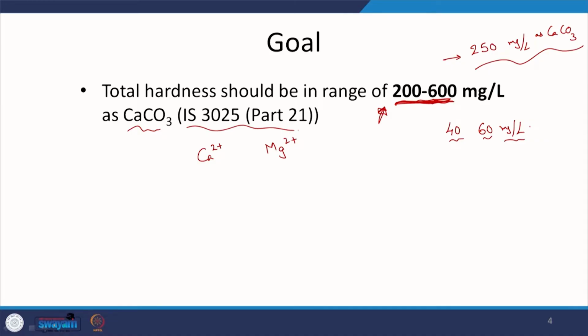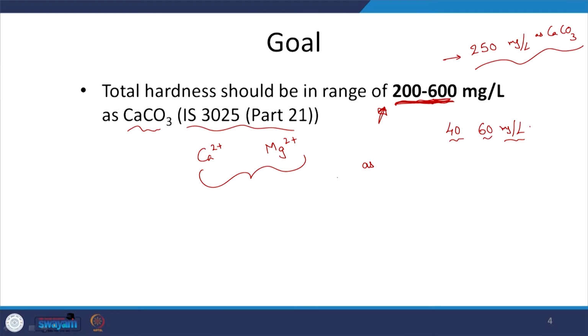So there has to be some metric or equivalence which will let me capture the hardness caused by these two bivalent cations. What is often used is expressing the units as milligrams of CaCO3 per liter. So let us see what the approach is here.